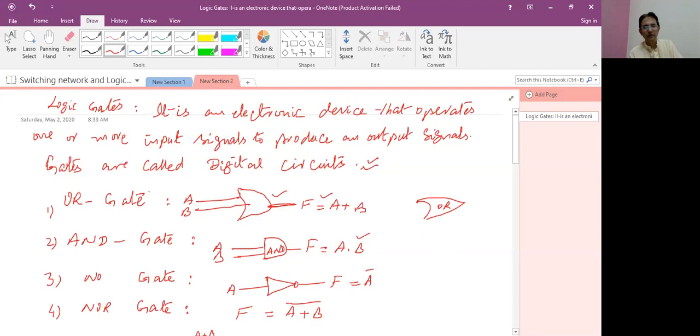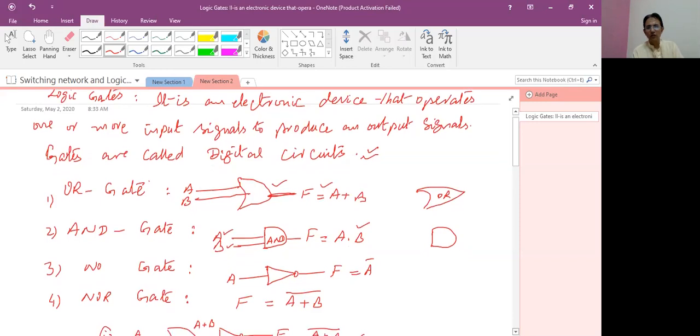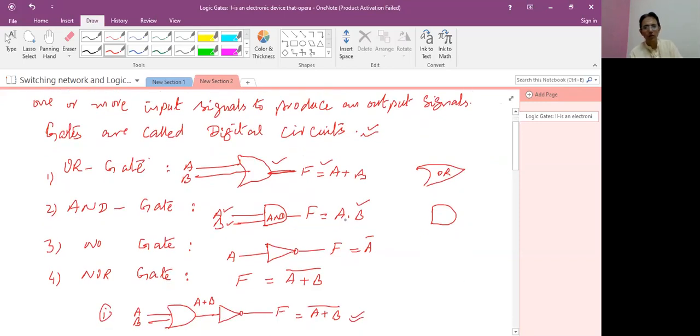The AND gate is represented by a D-type symbol. Both are inputs and in multiplication form, so f is equal to A dot B, which is the output.